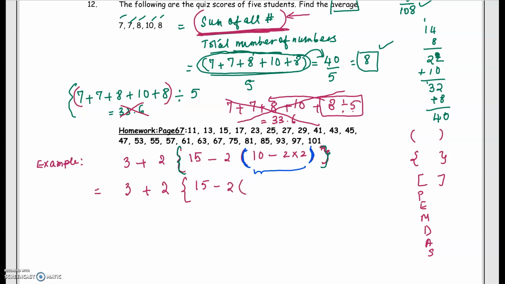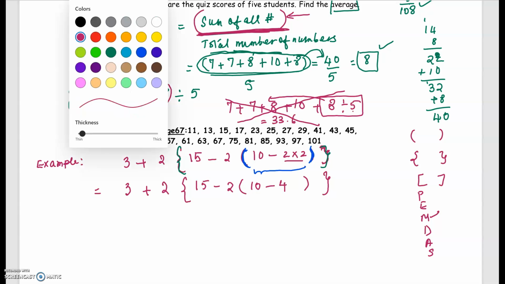Now we look inside the parentheses. And again, we have to think in terms of order of operations. Inside the parentheses, we have 10 minus 2 times 2. Multiplication comes before subtraction. Just be very alert. Don't do the 10 minus 2. These two are attached together by multiplication, and multiplication has to be done first. So that's your first step.